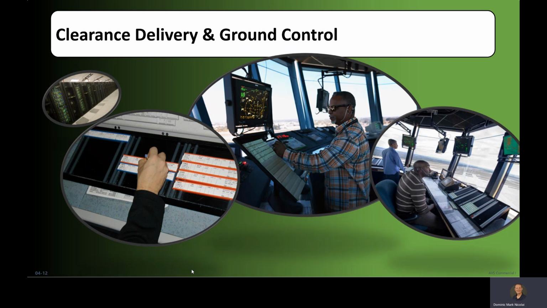At that point, ATC is either going to clear you for takeoff on your IFR flight plan, or they might even come back and say clearance on request. You may hear that from time to time at Battle Creek, right? Because local control can't send you into the air unless the departure controller says it's okay to do so.